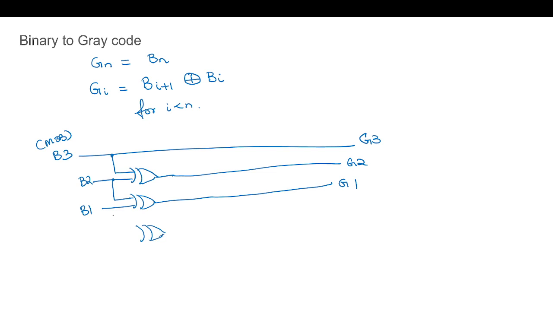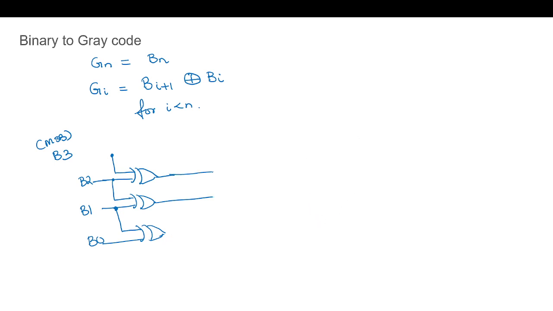And the previous bit XORed with B0, we obtain G0. So G3, G2, G1, G0. This is our LSB bit. So in this way we can convert any binary number to gray code.